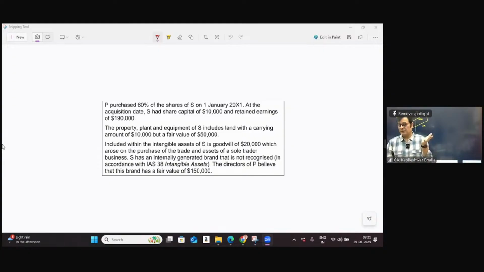Yes, sir, absolutely. And then it says there is a fair value of 50, which means I now need to add another 40,000 as a part of the net assets to convert the net assets at book value to fair value. Friends, am I making sense?